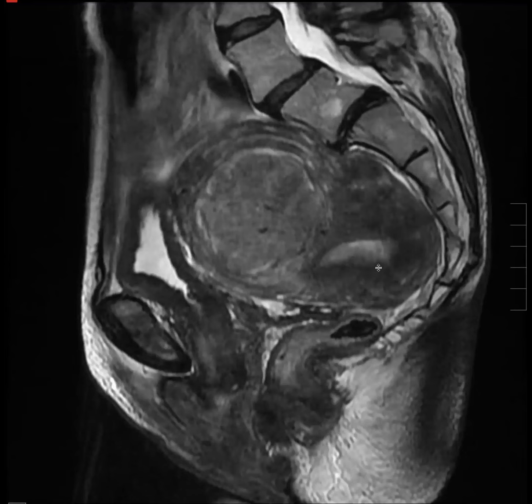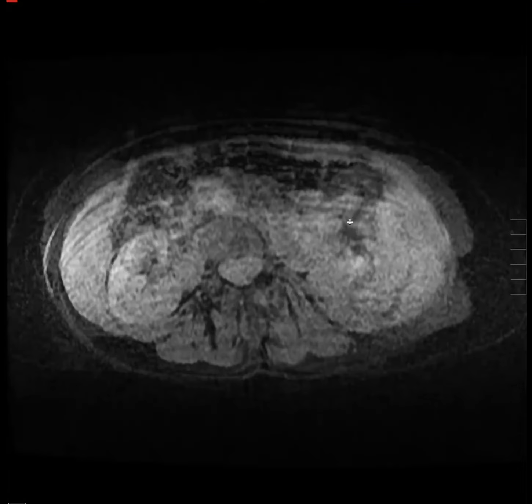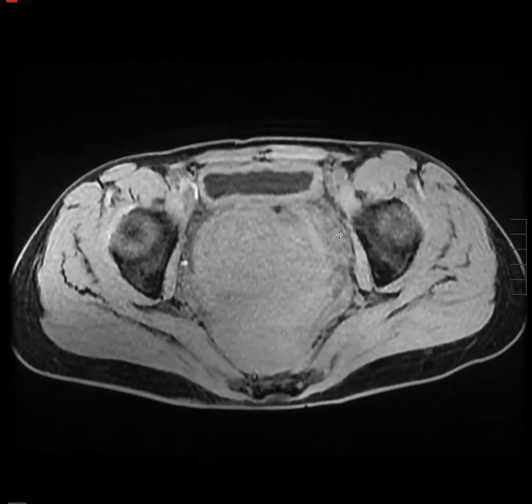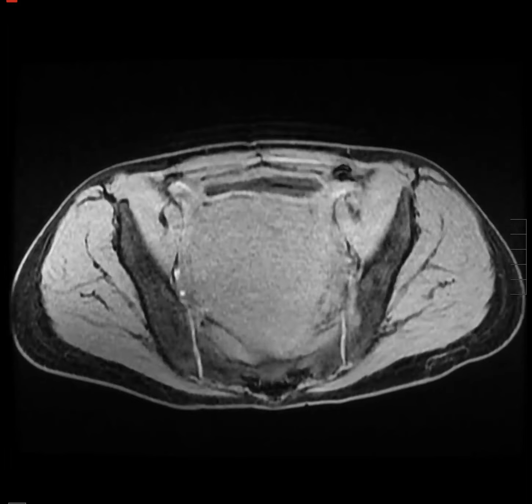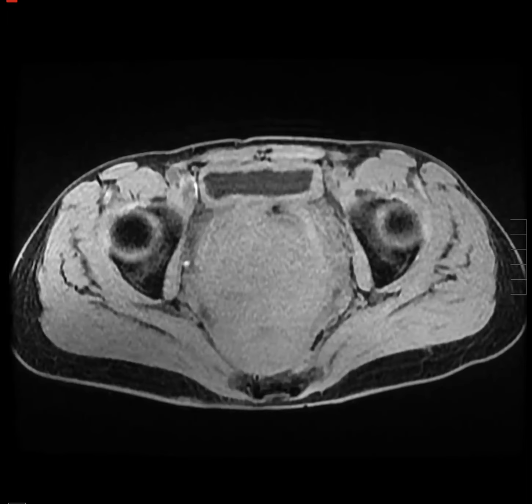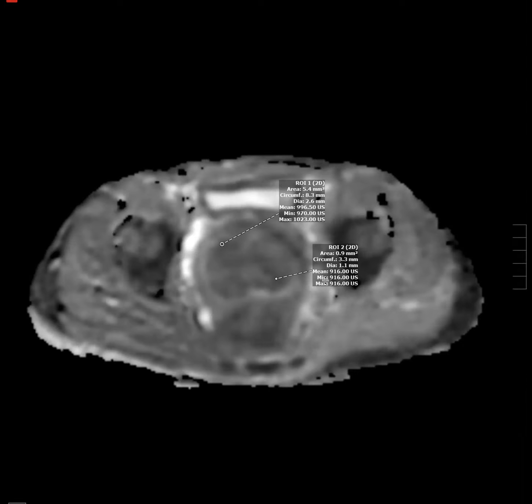There wasn't necrosis. Was there any hemorrhage? No necrosis. Here's the pre-contrast T1. No hemorrhage. And then the high B value diffusion is... well, here's the ADC while I look for that.